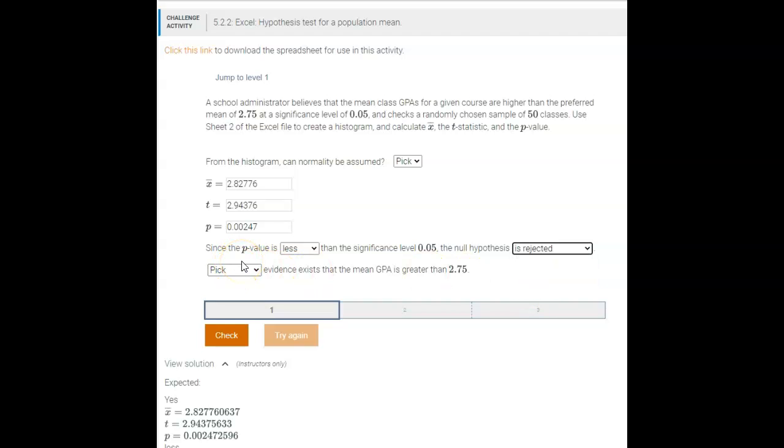And in this context, if we're rejecting the null hypothesis, we're assuming the alternative is true, and this is the alternative right here, that the GPA is actually greater than 2.75. So we're assuming that's true. Sufficient evidence exists that the population mean is actually greater than 2.75.